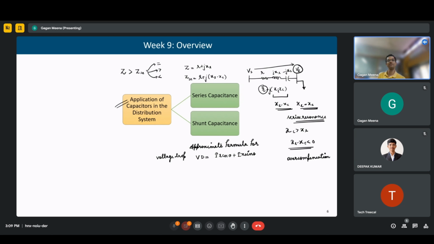Here X without capacitance is XL, but now it is XL minus XC, and this is negative. So this will be IR cos theta minus IX sin theta.